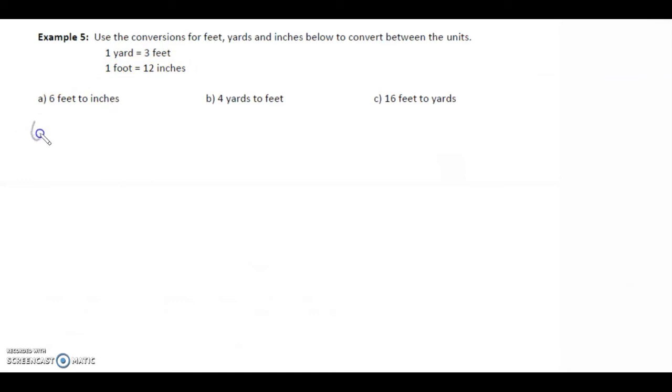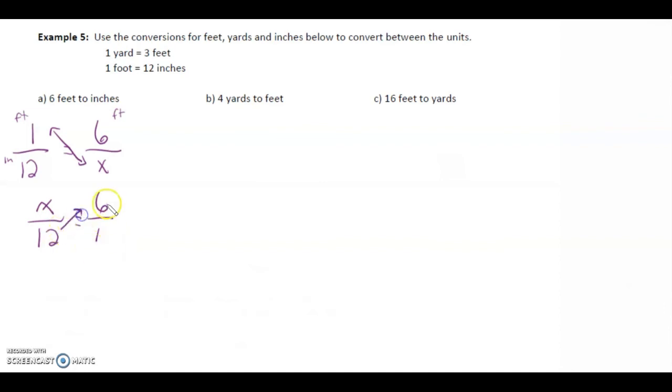So if we have 6 feet, and we want this in inches, so let's go, 1 foot is 12 inches, and we want 6 feet, and we want to know how many inches, so x. So again, let's switch the x and the 1. So the x is going to come down, and we're going to have x over 12 equals 6 over 1.